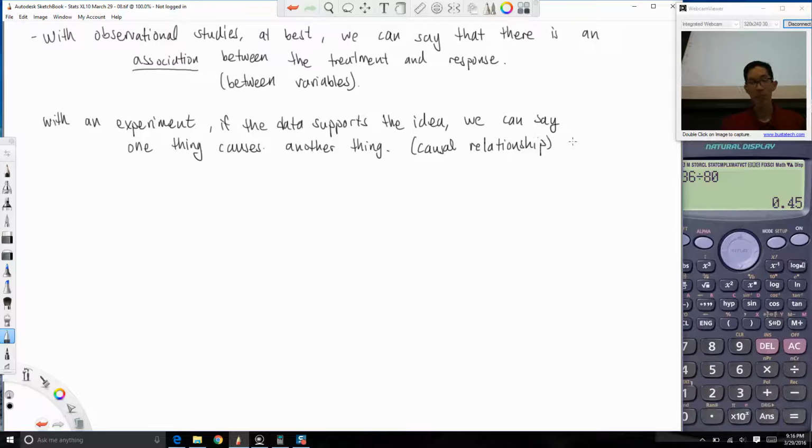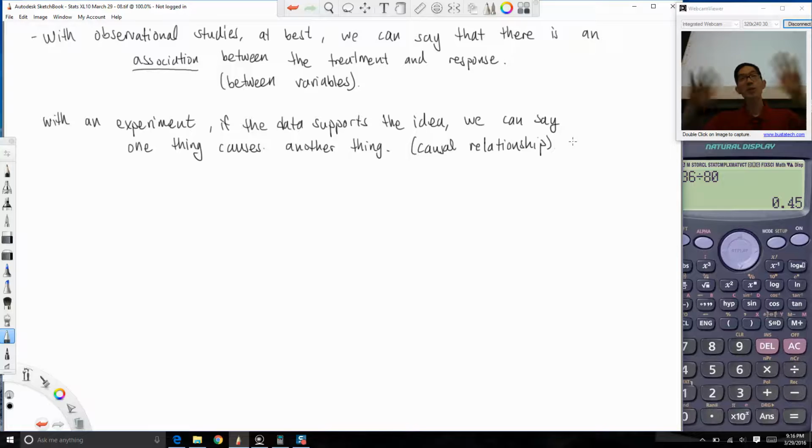In our experiment, we made these two groups identical. Everything about these two groups was identical, except this group got medication and this group got placebo. At the end, we found this group improved, their high blood pressure went down, and this group that got placebo, their high blood pressure remained the same.